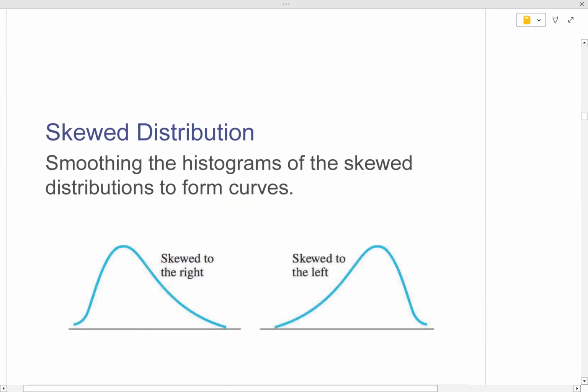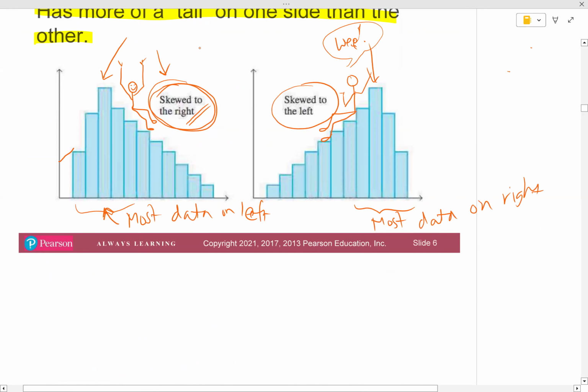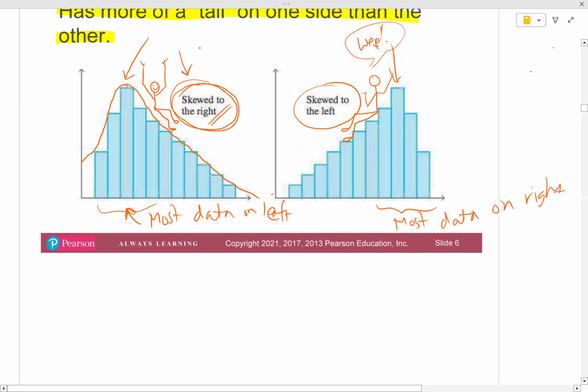All right, and if we just smooth that out, like if you go back to the frequency distribution and you kind of connect the peaks and just want to make a curve out of it, sort of. It looks kind of like this. That's how the curve would look for skewed to the right. And if I do something similar on the skewed to the left, it would look like this. There we go.